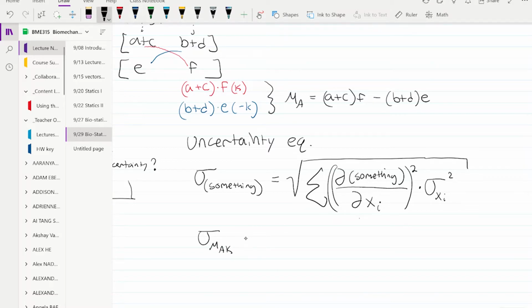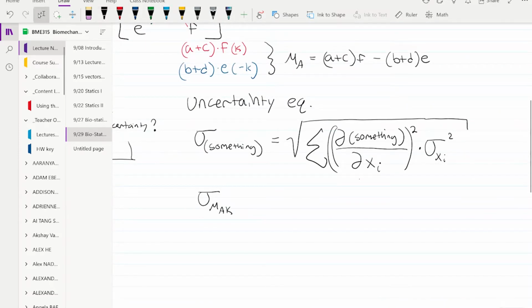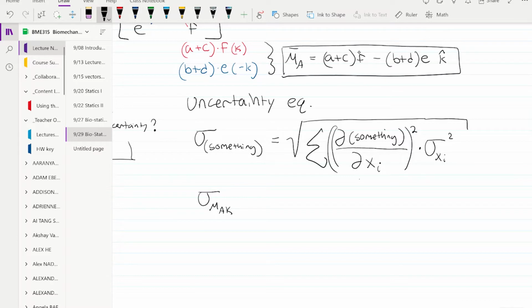Okay. And we know that equation that's given here, because this is all k. So all this stuff belongs in the k direction.